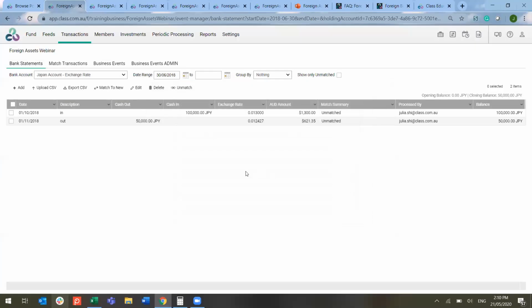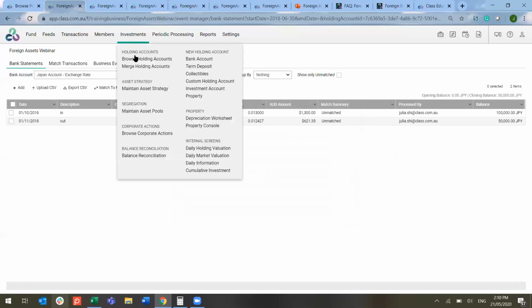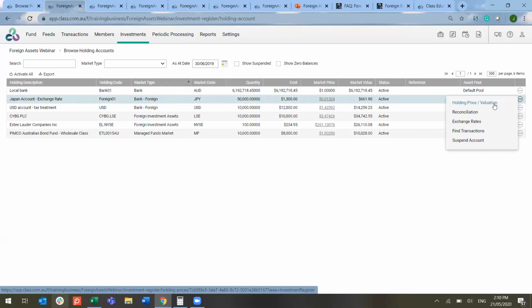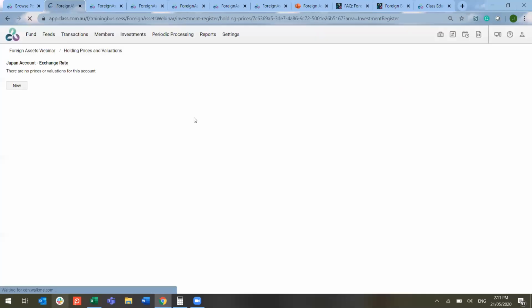So you may also question that as of 30th of June, if I need to retranslate my bank account, how can I make sure that I can use the correct exchange rates? What you can do is go into investments, browse holding accounts, and then if you do not like the exchange rate as at this particular date, and you believe it should be something different, what you can do is click on this menu button, and then click on holding price / valuation.